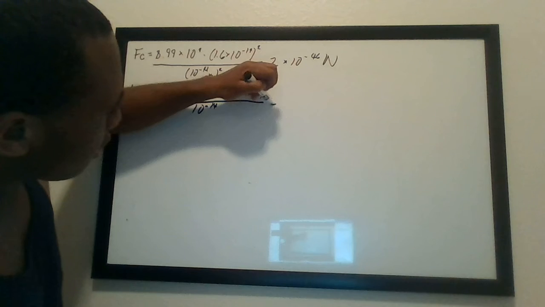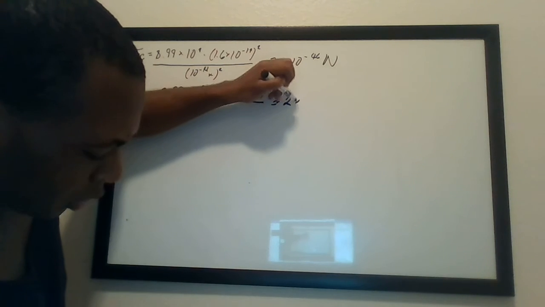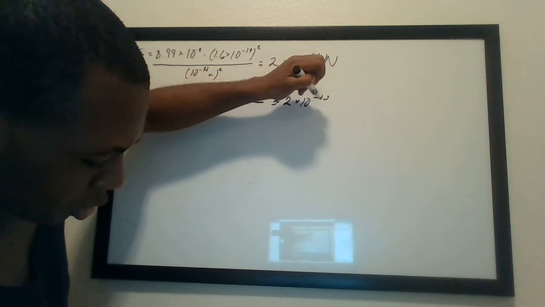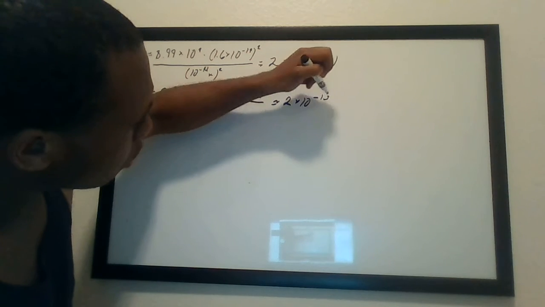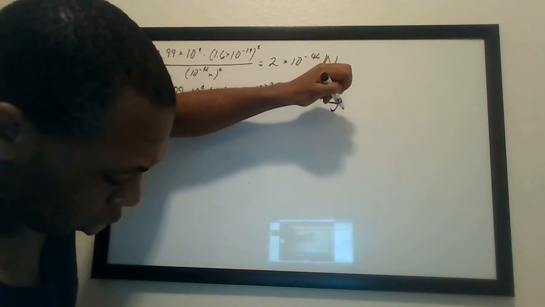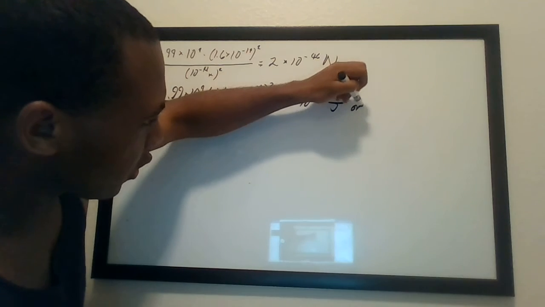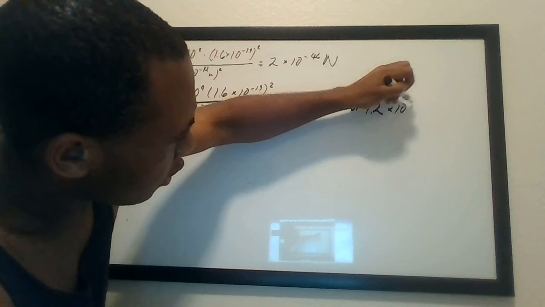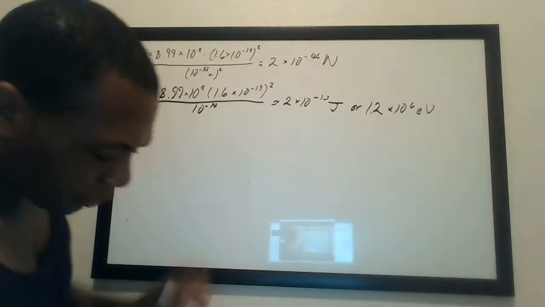And this is an approximation of about 2 times 10 to the minus 13 joules, or 1.2 times 10 to the 6 electron volts.